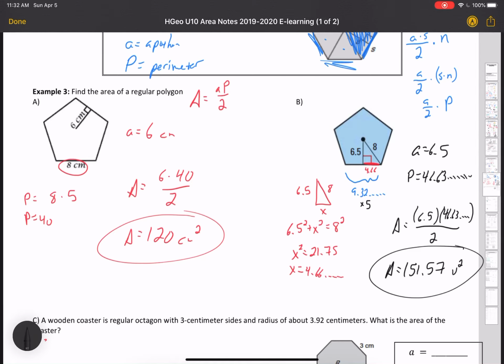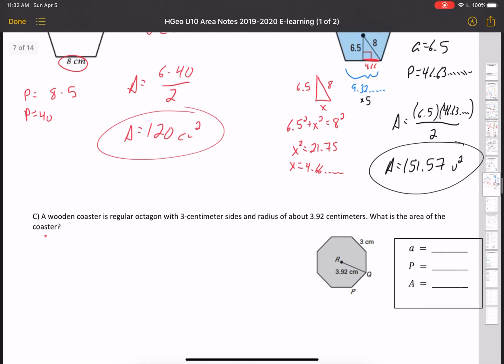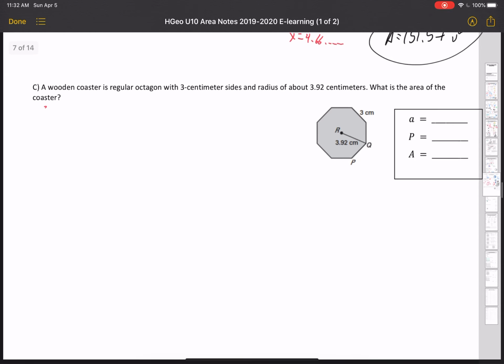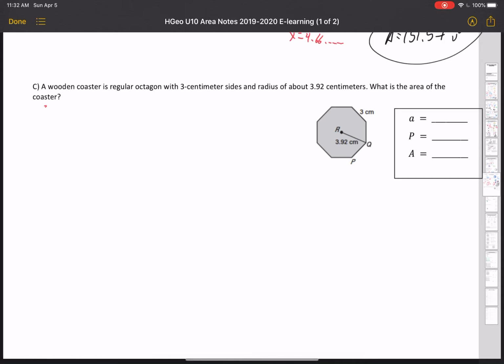Let's then go on to C. So a wooden roller coaster is a regular octagon, so that's 8 sides, 3 centimeter sides, and a radius of about 3.92 centimeters. What's the area? Since we know the side length, we can easily find the perimeter. So perimeter is just going to be 3 times the number of sides, or 8. So perimeter is 24 centimeters.